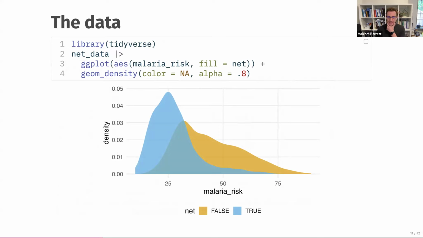So if we look at the density of malaria risk for people who used a net and people who didn't, it does seem that people on the left here in the blue density who did use a net have a lower risk of malaria. But it could be that some of the other factors that we saw there are responsible for that, that using a net is related to something else that improves malaria risk.